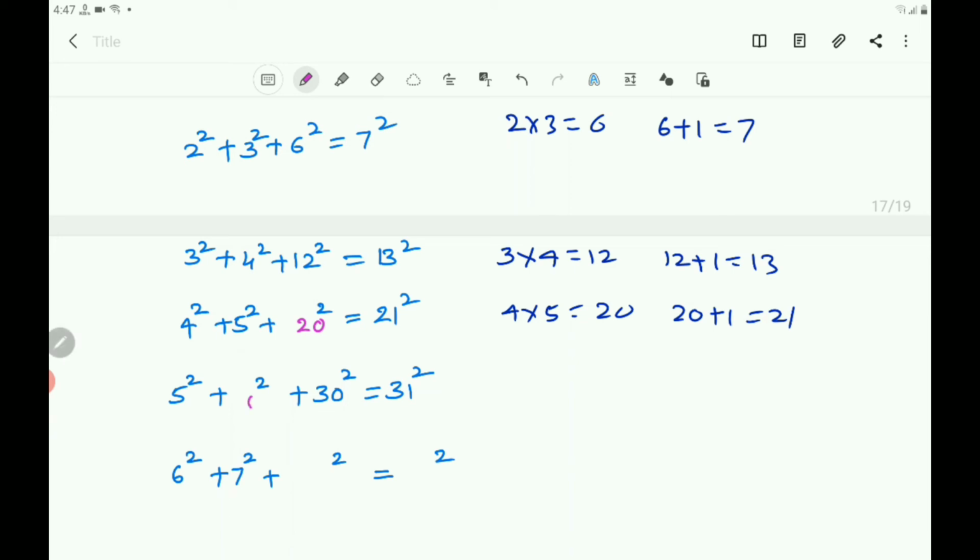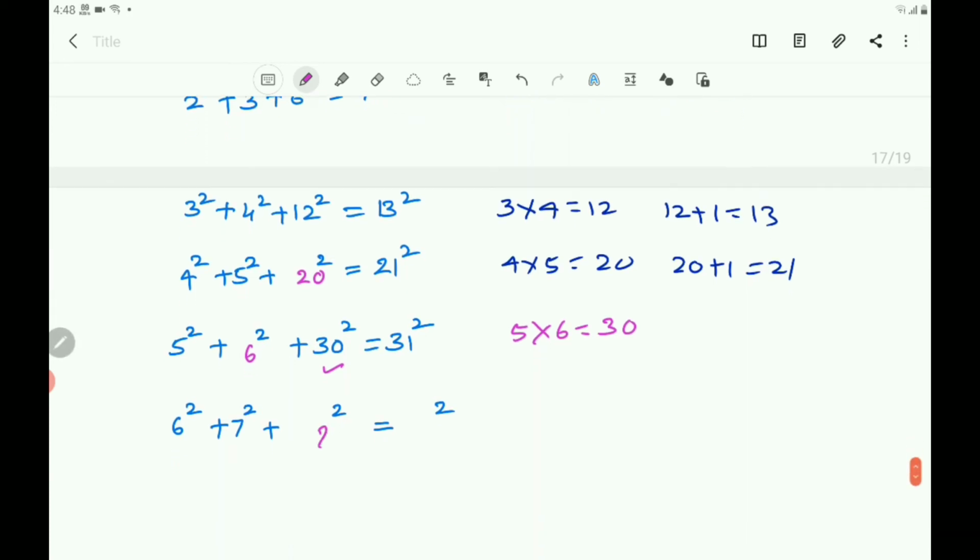Next here you find the missing number. You know that here it is 30, means 5 into 6 equals 30. So you can write 6 here. That is 5 square plus 6 square plus 30 square equals 31 square.